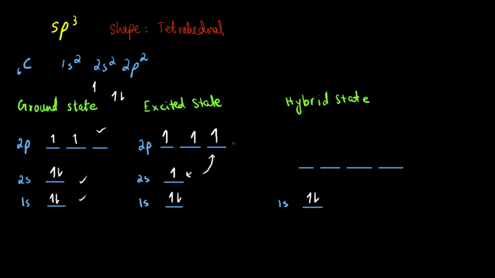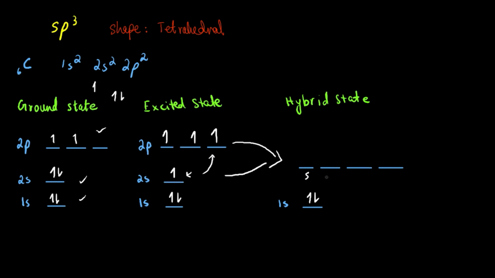The 2s and 2p orbitals join together at an intermediary sub-level, and this is called the hybrid.